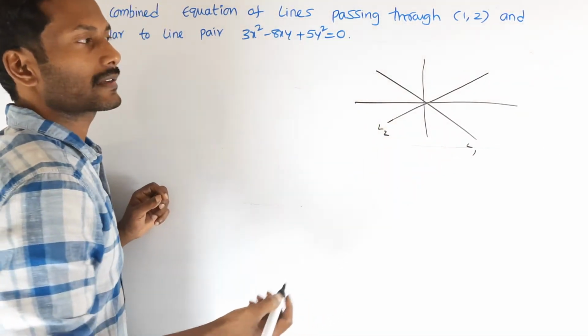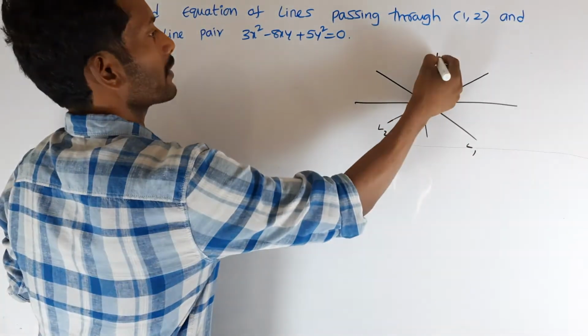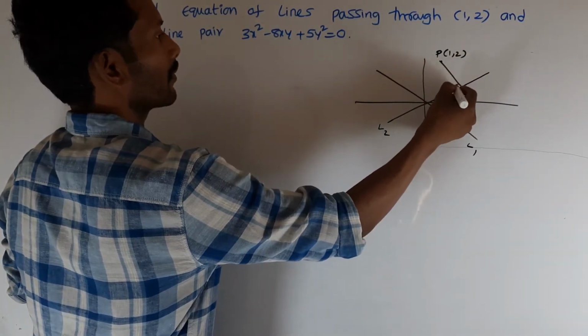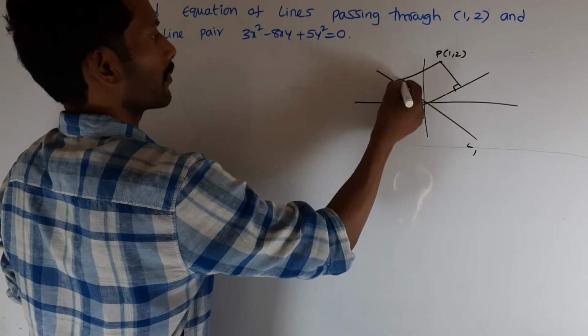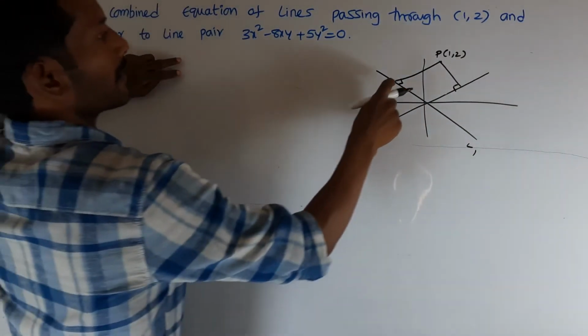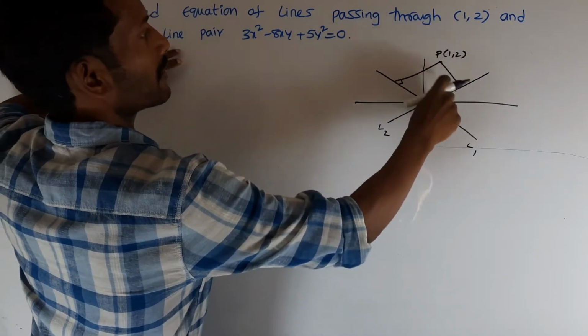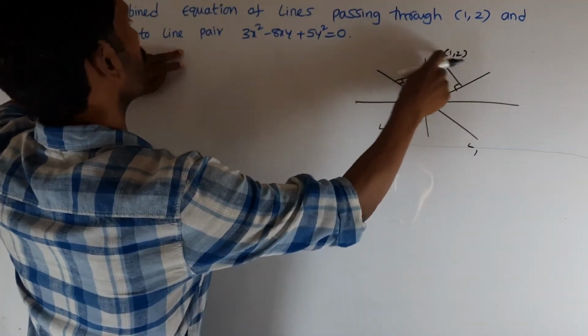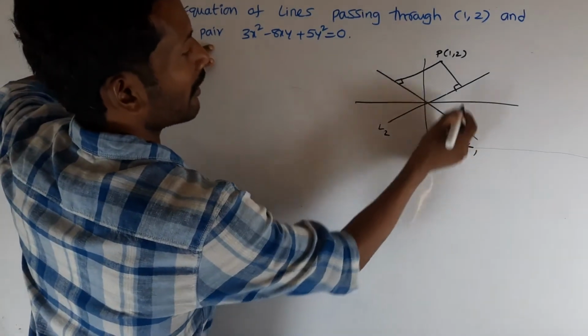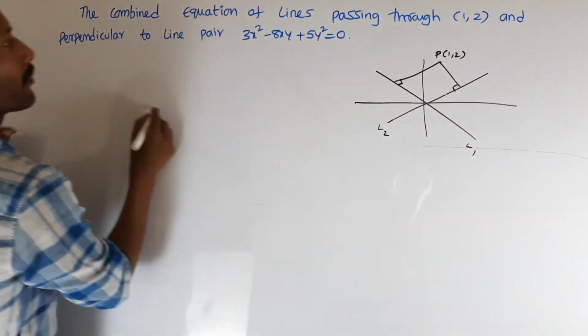L1 and L2 are two lines, and point P is (1, 2). The combined equation of these two lines passes through (1, 2) and is perpendicular to L1 and perpendicular to L2.